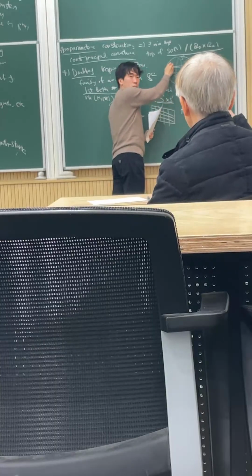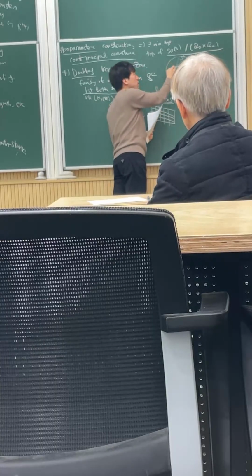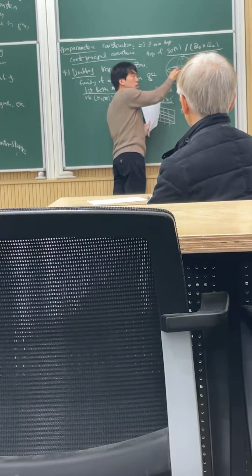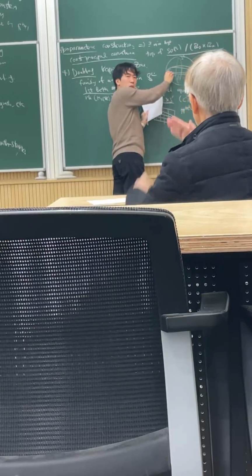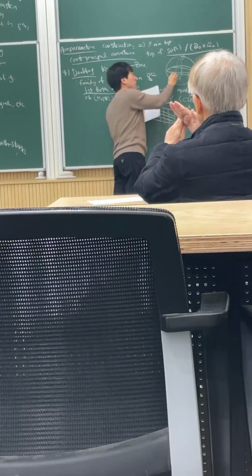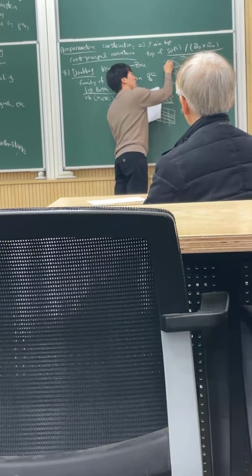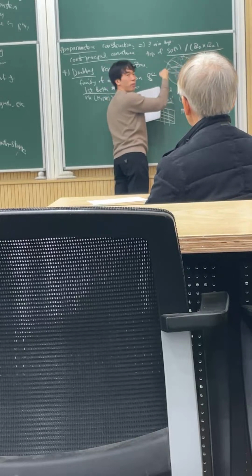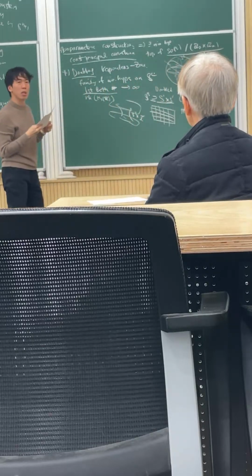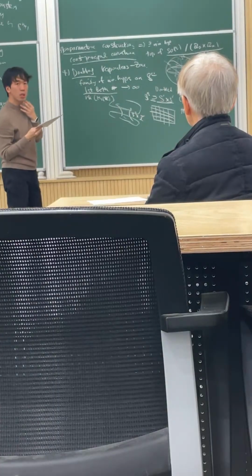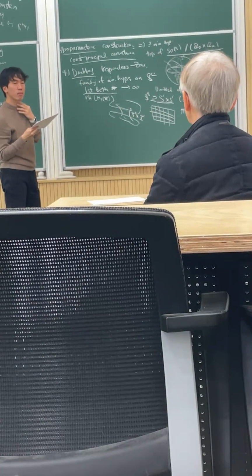And making the intersecting angle 60 degrees, not 90 degrees, like this. Maybe that could be possible, but I'm not sure.